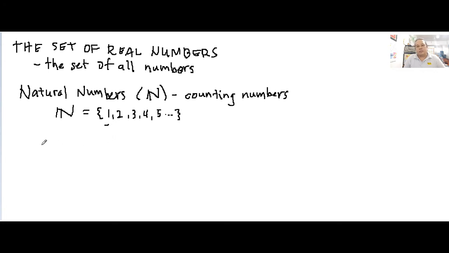And then next, after the set of natural numbers, we have the set of whole numbers. So the symbol for the set of whole numbers is capital W. So the set of whole numbers is just the set of natural numbers plus the number 0.